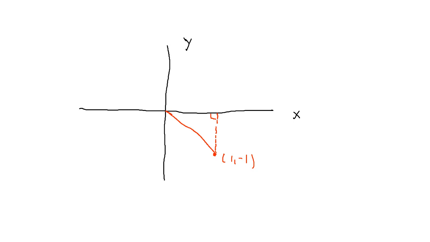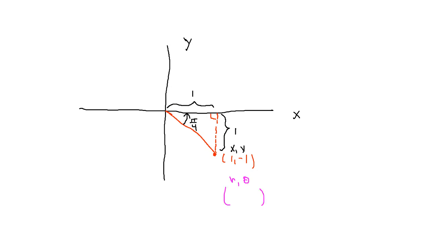The distances: this leg has a distance of 1, and this leg has a distance of 1. And that tells you that your reference angle is pi over 4. So the Cartesian coordinates are 1, negative 1. What are the polar coordinates, r theta?